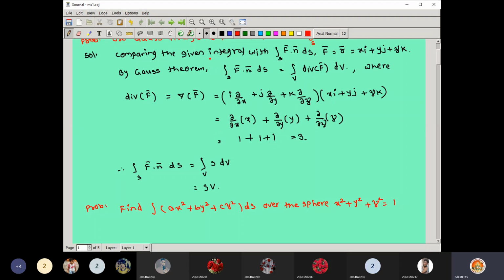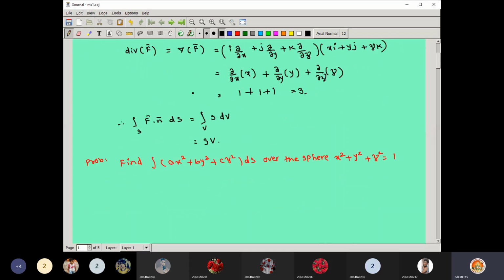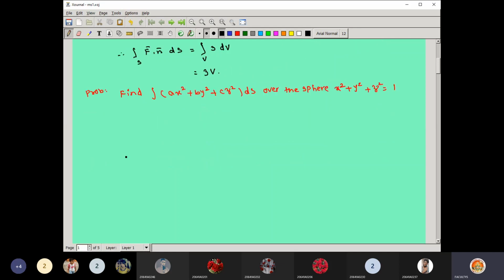They are asking us to calculate one integral, and they are not giving any clue to use Gauss theorem. Here ds means it is a surface integral over the sphere given by x square plus y square plus z square equal to 1. Corresponding to this we need to calculate the answer. So I am going to use Gauss theorem directly for this.